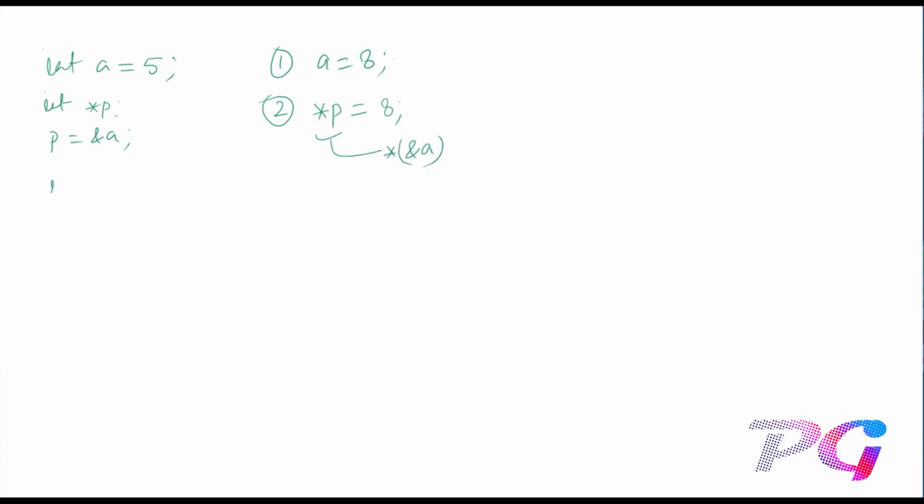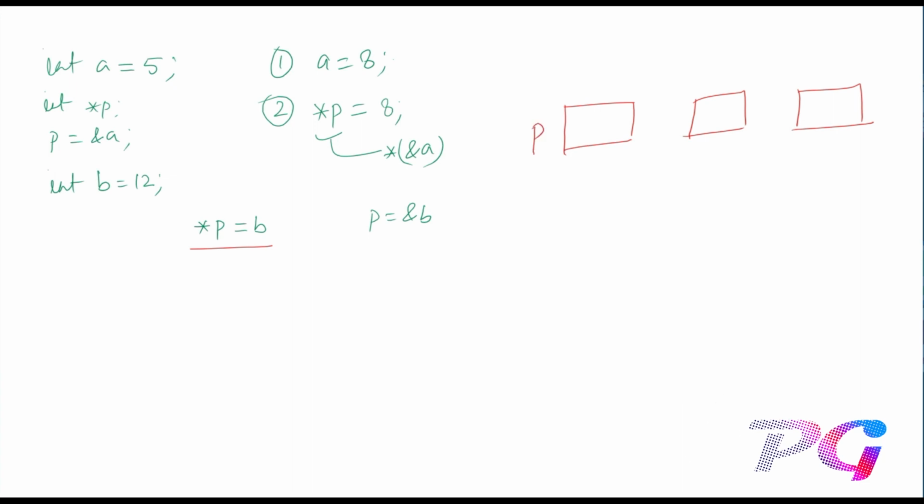Now suppose we have another variable b initialized with the value 12. What will be the output of these two statements? The first, asterisk p equals b, and the second, p equals ampersand b. The first statement will do nothing but simply change the value which is pointed to by p to the value of b. It means suppose in our memory we have three locations: one is p, one is a, and the third one is b.